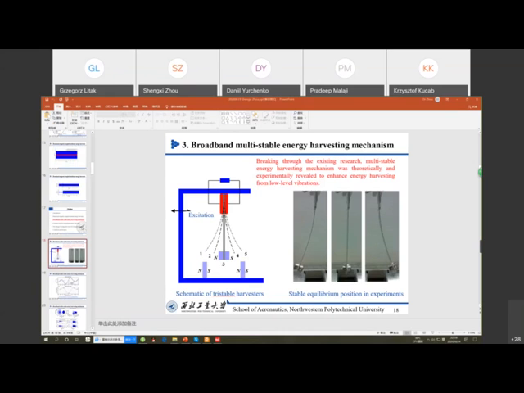Also, if the vibration is too large, the piezoelectric material will also break. Okay, thank you, Dr. Malaji.